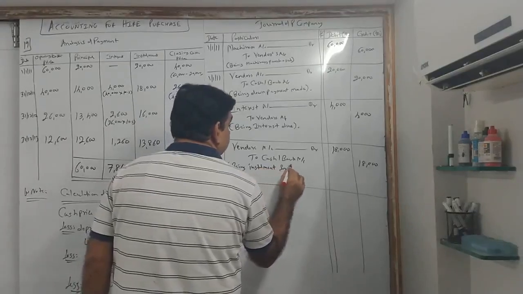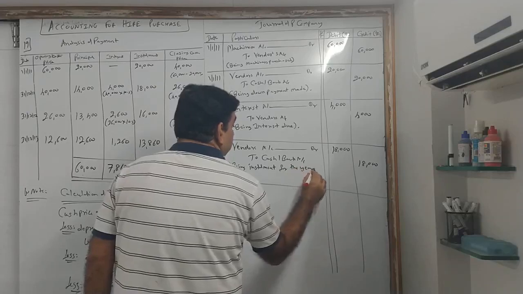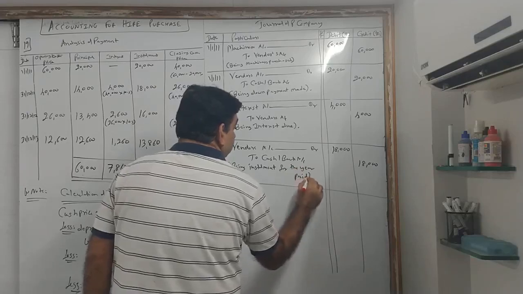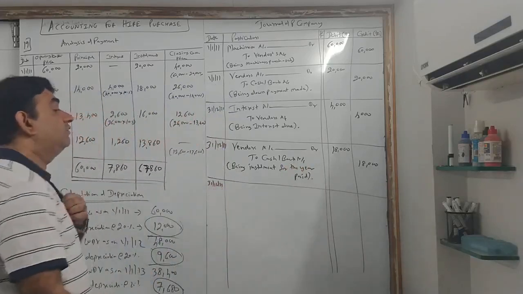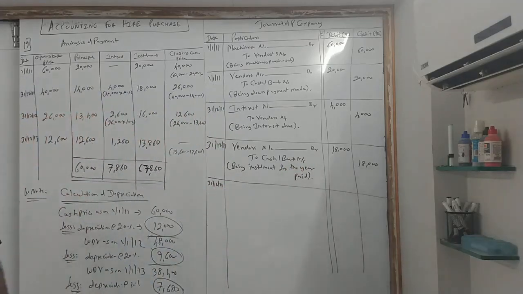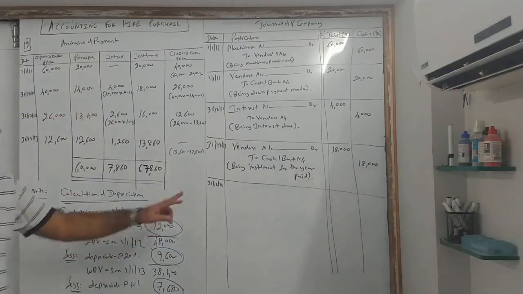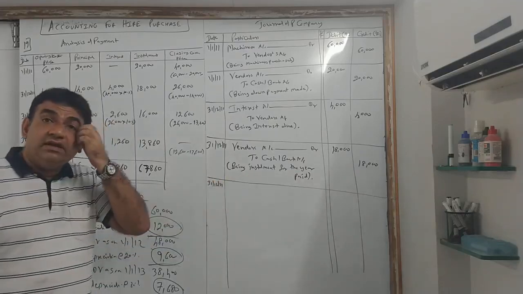Being installment for the year paid. Clear with this? Being installment for the year paid.